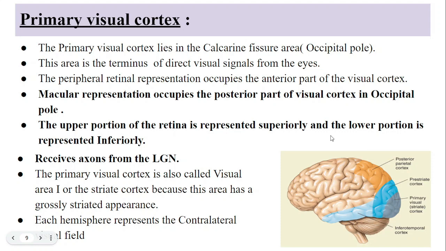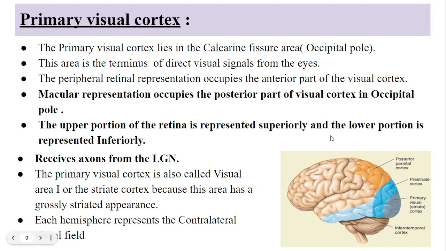The visual cortex is organized in a systematic manner, with different areas of the cortex representing different parts of the visual field. In the primary visual cortex, peripheral retinal representation occupies the anterior part of the cortex, while the macular representation occupies the posterior part of the cortex near the occipital pole.